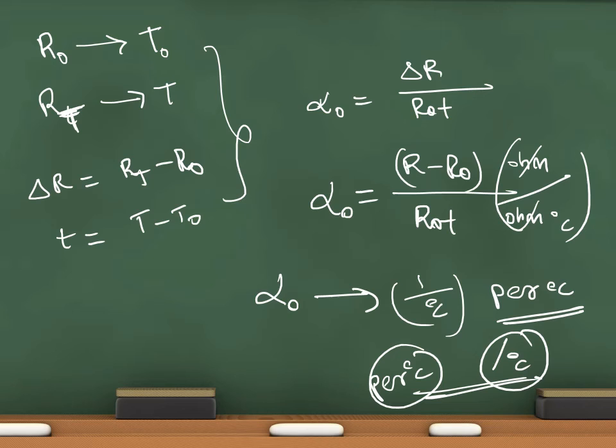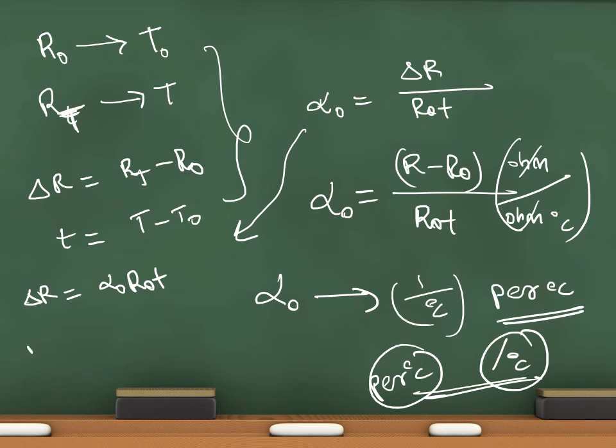These are the units for the temperature coefficient of that material. And from this relation, what can we make? Delta R equal to alpha naught R naught T.